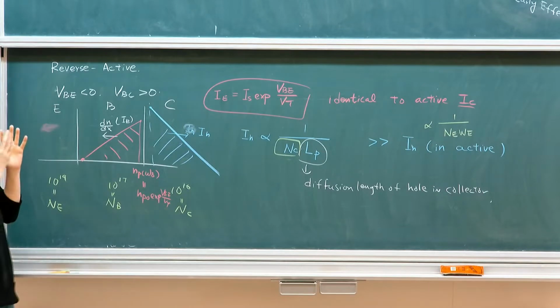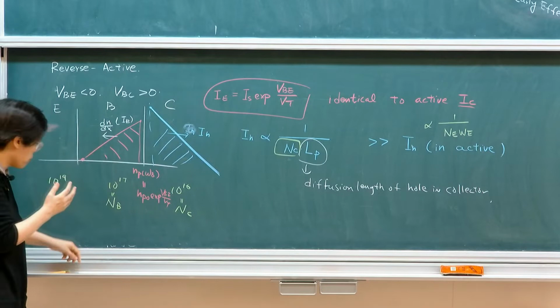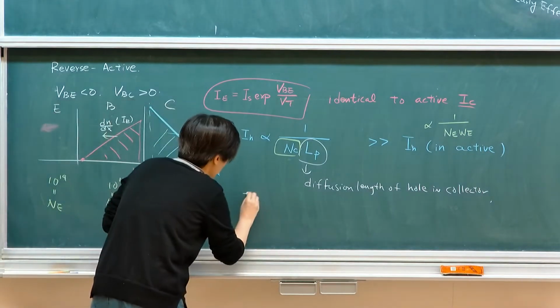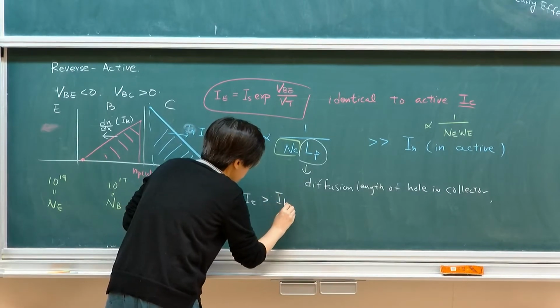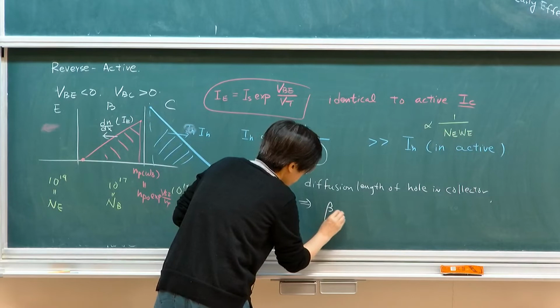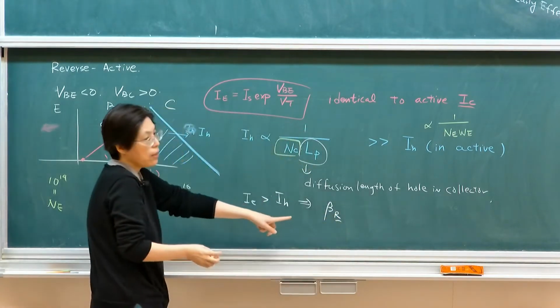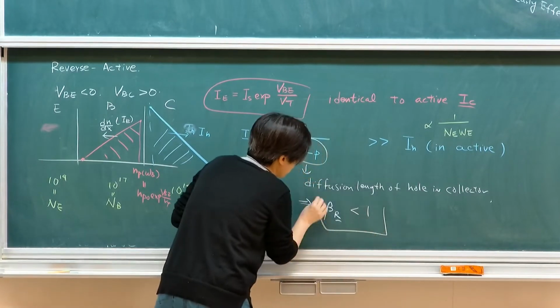I want large electron current, smaller hole current. In this case, I have a larger hole current, so my electron current component will be smaller than the hole current component. This would then lead to a beta, and this R stands for reverse active, that will typically be lower than 1.